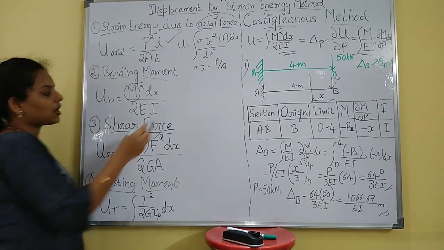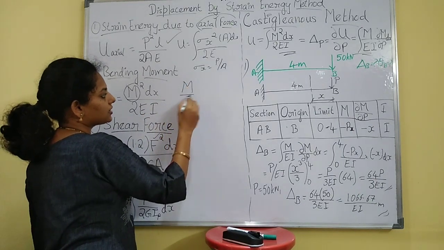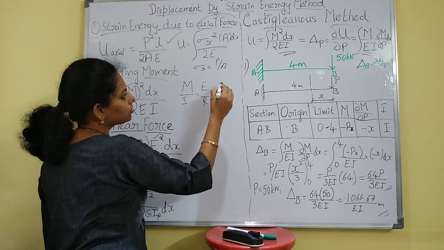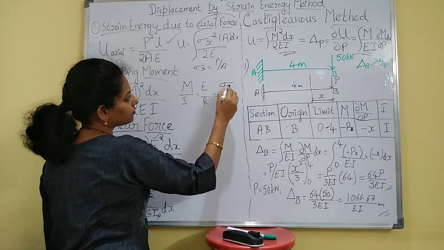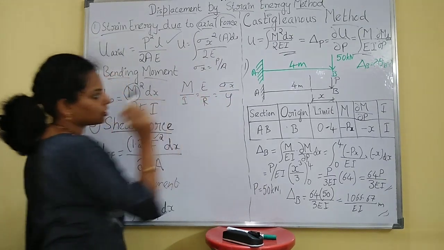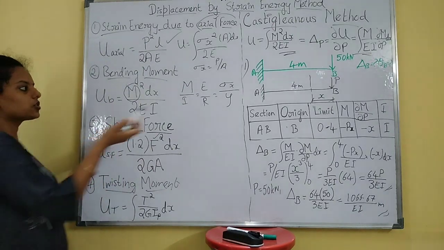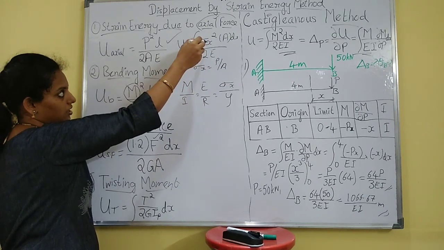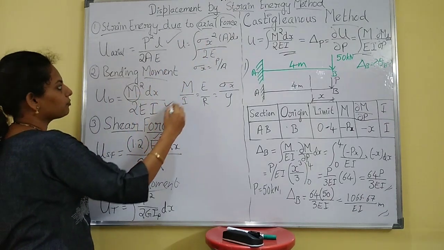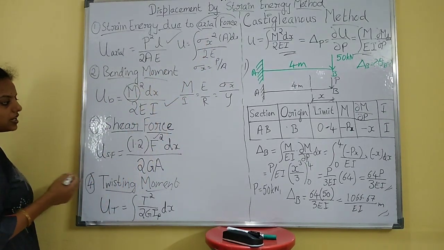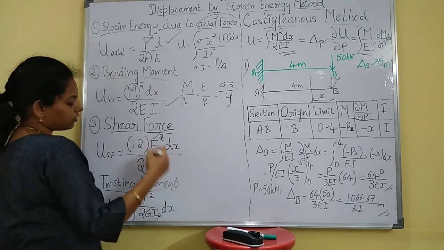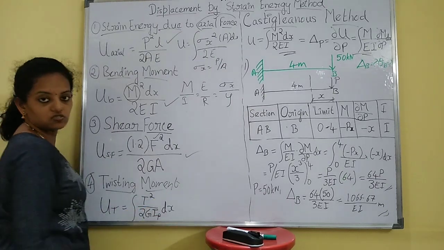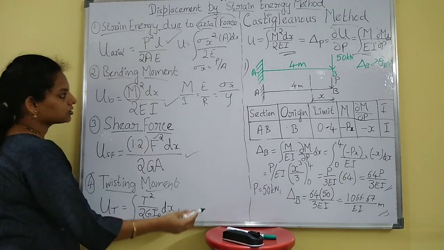Similarly, for bending moment, you have the bending equation, M by I is equal to E by R is equal to sigma by Y. Using this equation you can find sigma x, substitute it and get the bending moment strain energy equation. Similarly, using the shear force equation and the twisting moment equation you can find the corresponding strain energies.